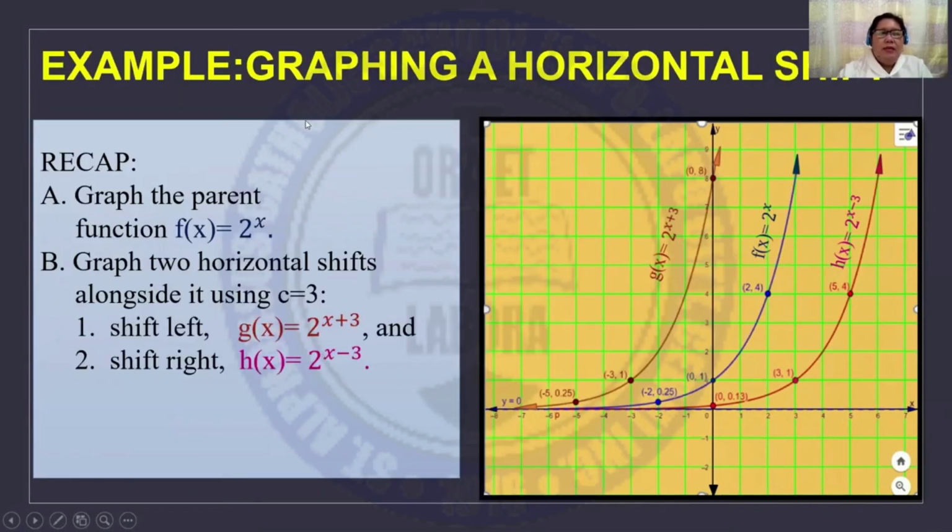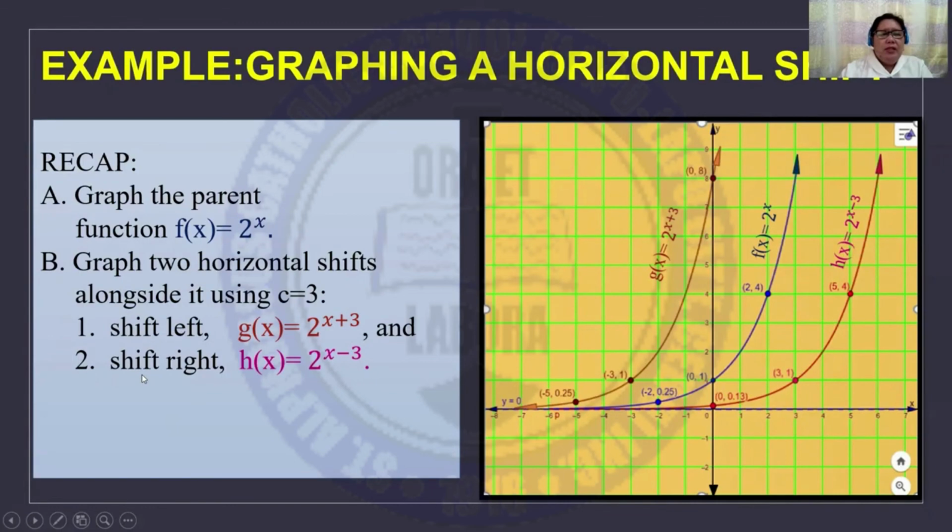So in graphing a horizontal shift, first we have to graph the parent function. So this blue graph is the parent function. Let us graph 2 horizontal shifts alongside it using c is equal to 3. Shift left given the second function with exponent x plus 3.